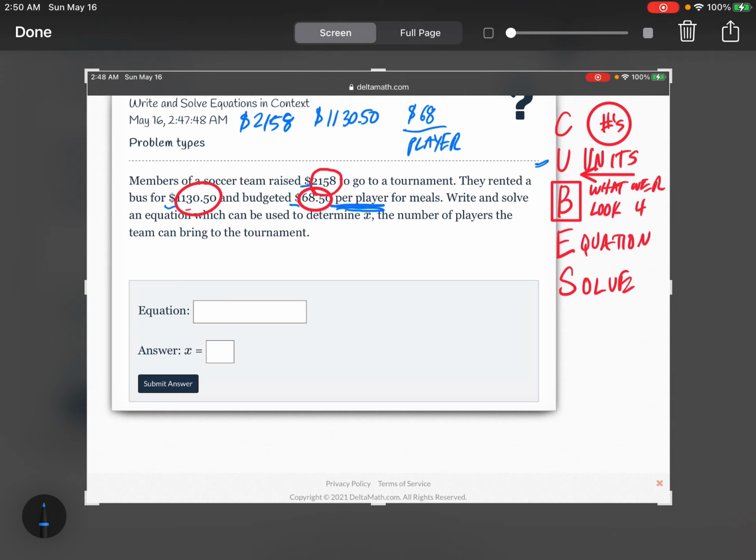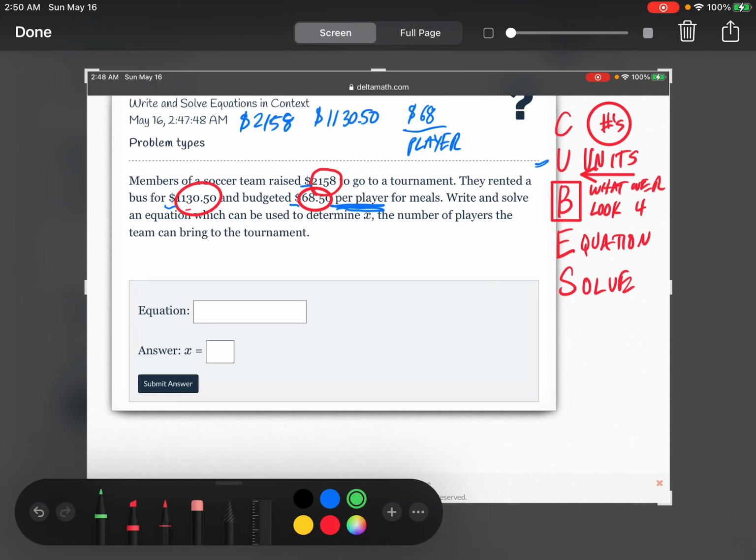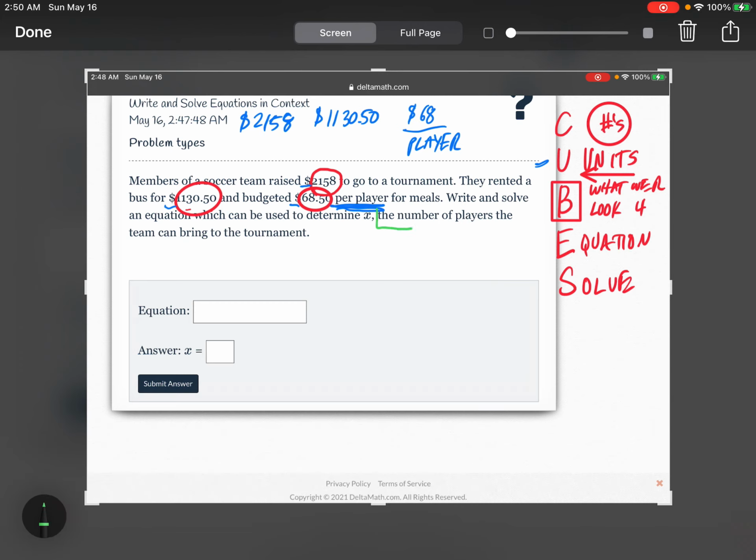So now we're going to box up what we're looking for, and that is the number of players the team can bring to the tournament, and the variable that we're going to use for that is X.